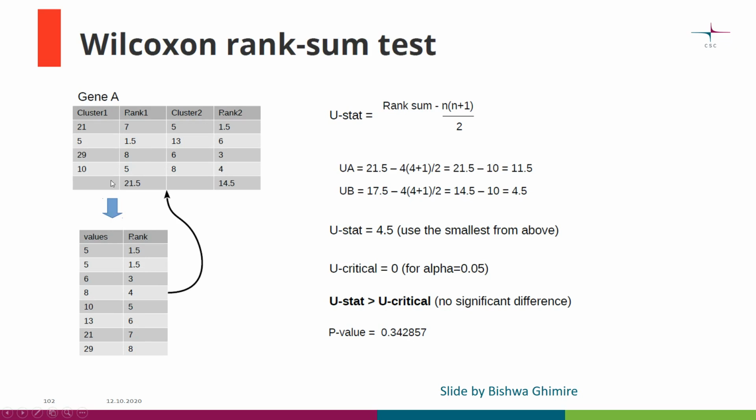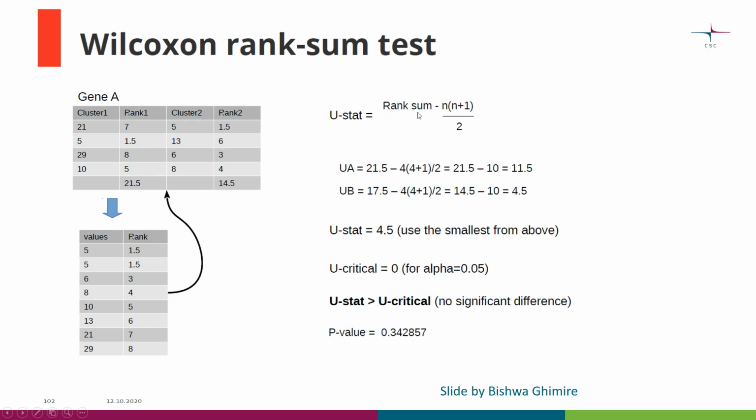Afterwards, we effectively replace the expression values by these rank values, and then we calculate the sum of the rank values for each cluster. Then we insert these rank sum values to the formula. So the U statistic is calculated like this.